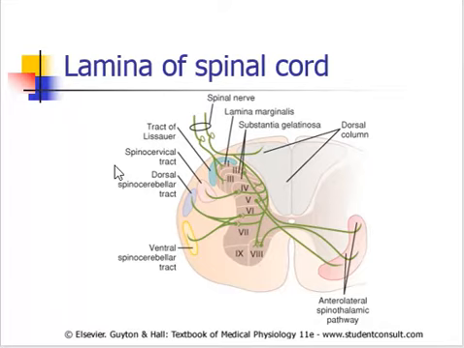This is a diagram that makes it easy to see the different laminae: 1, 2, 3, 4, 5, 6, 7, 8, 9, 10. Up to 6 is the posterior horn, and after that, in the anterior gray horn, are laminae 8 and 9, and around the central canal is the 10th lamina.